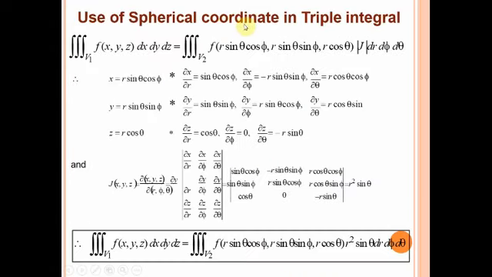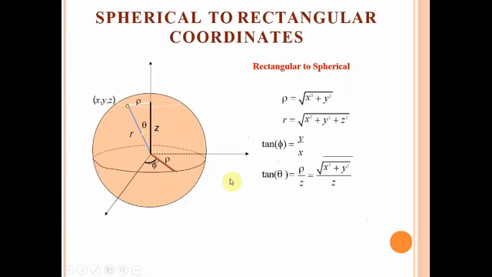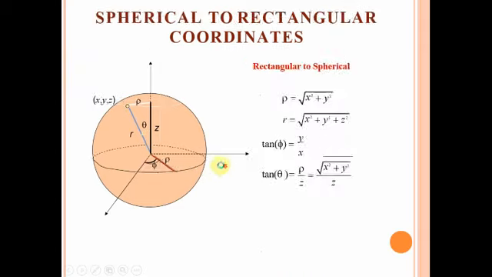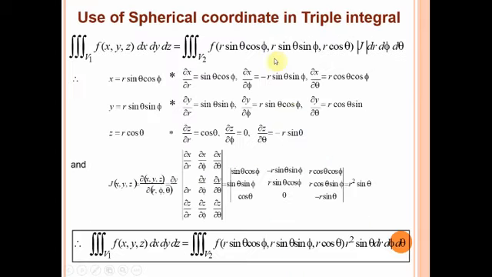And if we go by spherical coordinate triple integration, then again we will have the triple integration of f(x, y, z) dx dy dz. But now over here we will put r sin theta cos phi, r sin theta sin phi, r cos theta, as we have already found out here. So dx dy dz we can easily put over here in place of that.